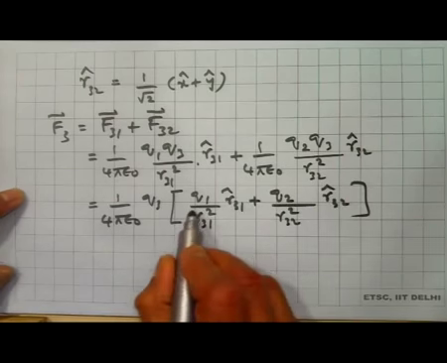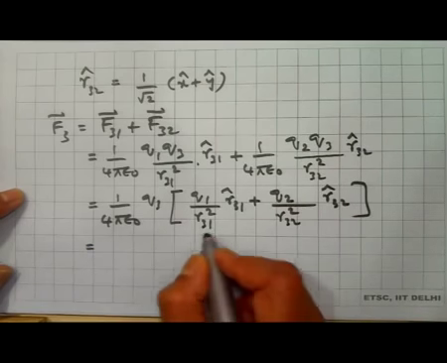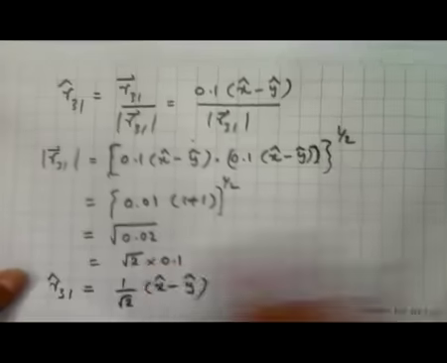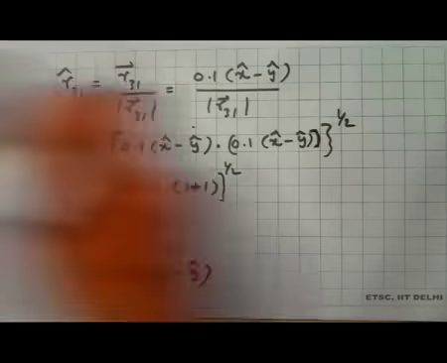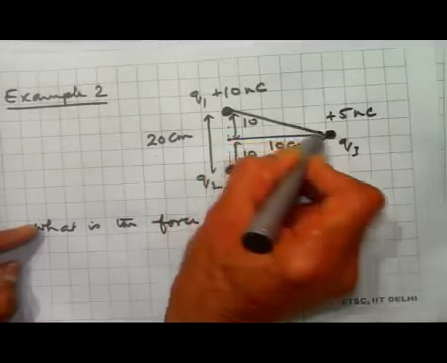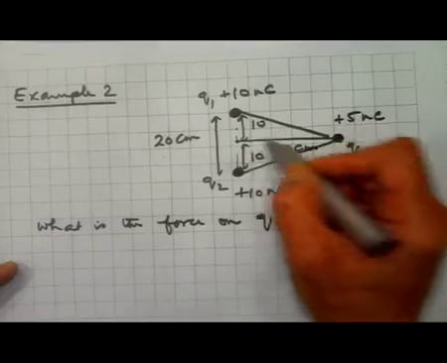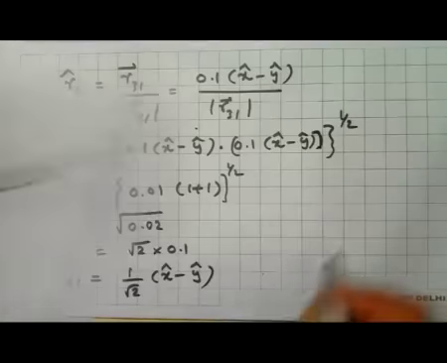Now, it so happens in my problem that q 1 and q 2 are equal. Not only that, the magnitude of r 3 1 is the same as the magnitude of r 3 2, because as you can see in the problem, this distance and this distance are equal. This is an isosceles triangle and these two distances are equal.